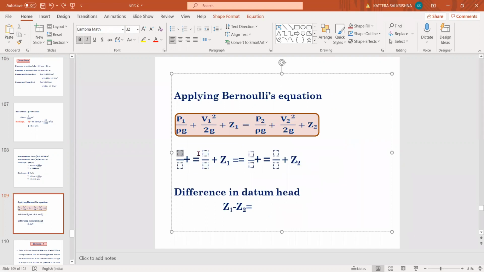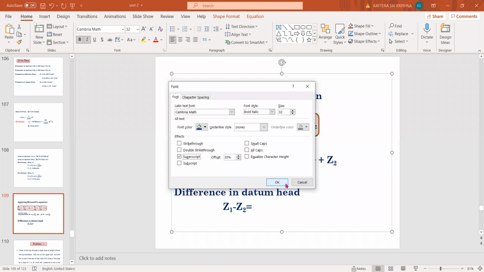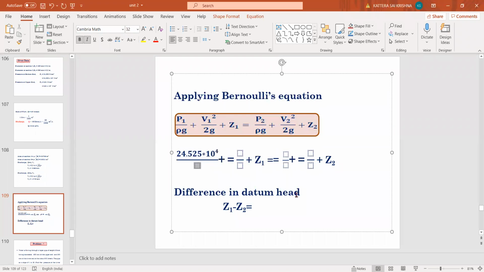Tell the value of P1. 24.525 into 10 power 4, divided by rho, which is 1000 since the fluid is water, into 9.81, plus V1 square.